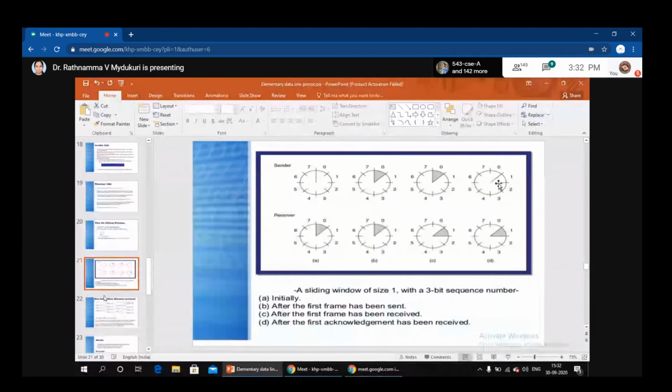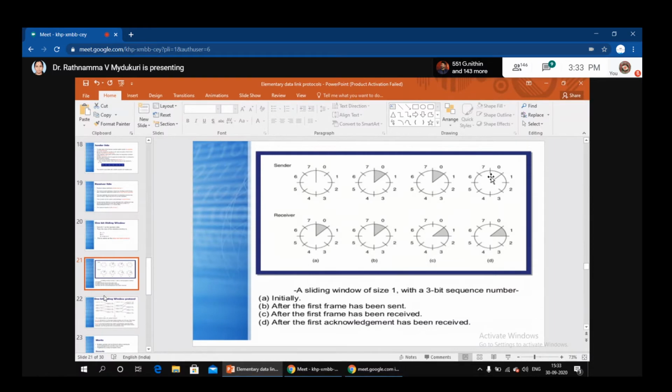The first frame is sent by the sender and received by the receiver. Once it receives, it has to send back an acknowledgement to the sender. After the first acknowledgement has been received, this is the situation at the sender side. Now it is getting ready to send the next frame.